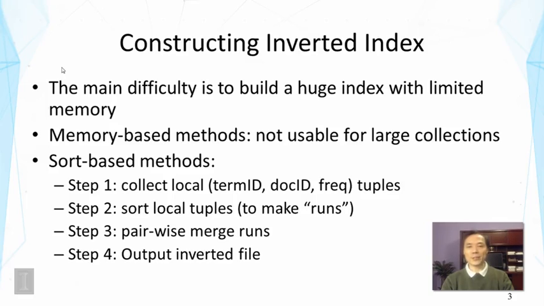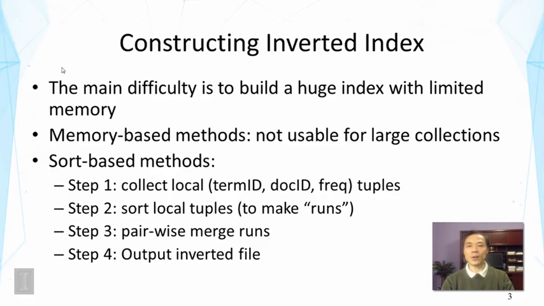A sorting-based method is quite common. It works in 4 steps, as shown here. First, you collect the local term ID, document ID, and frequency tuples. Basically, you're going to count the terms in a small set of documents. And then once you collect those counts, you can sort those counts based on terms so that you build a local, a partial inverted index.